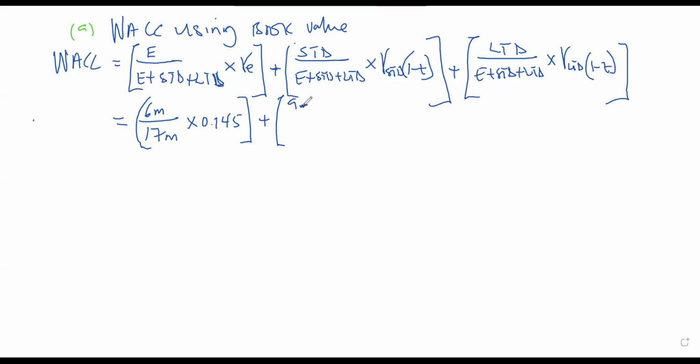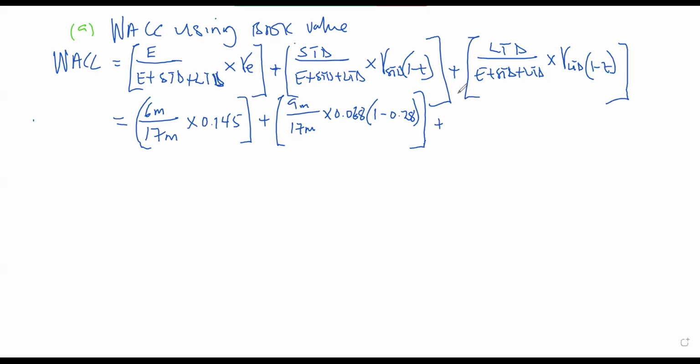So 9 million over 17 million times cost of short-term debt, 6.8%, 0.068 times 1 minus the tax rate. What's the tax rate? It's 28%, 0.28.